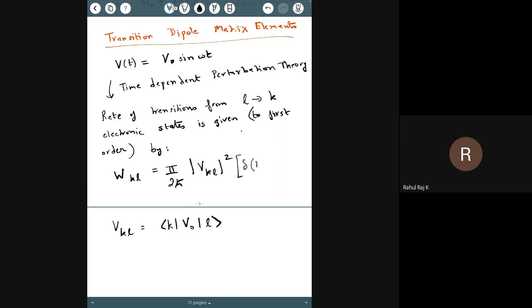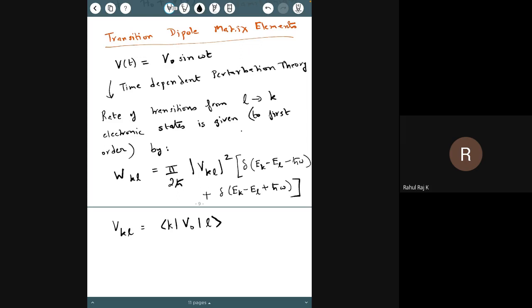So you can either have an absorption, or you can have an emission. Okay. So this is what you get from first order time dependent perturbation theory.